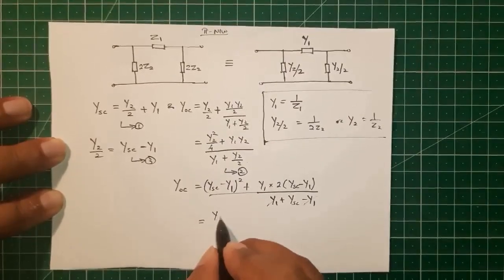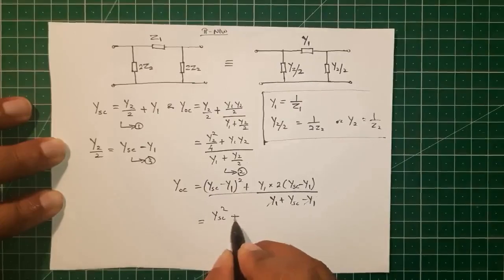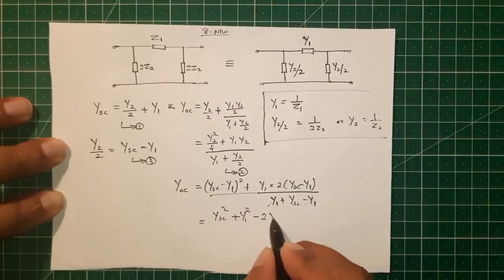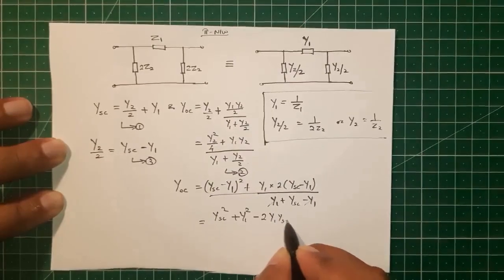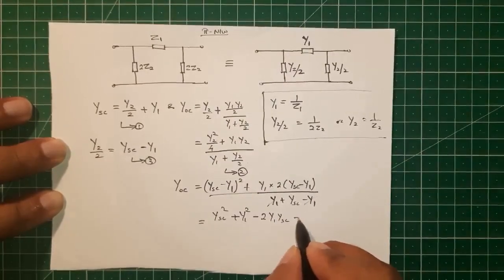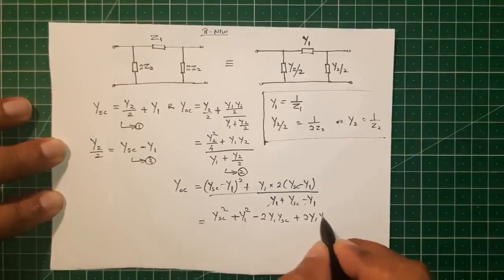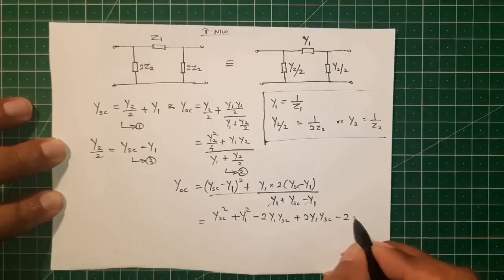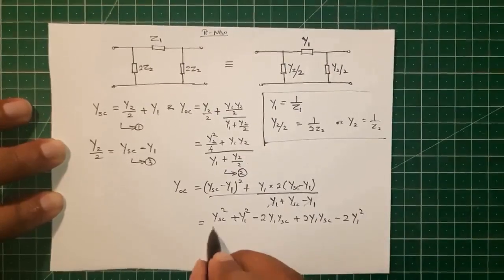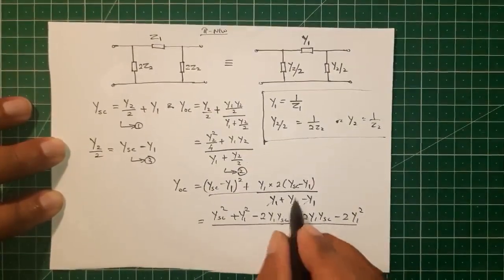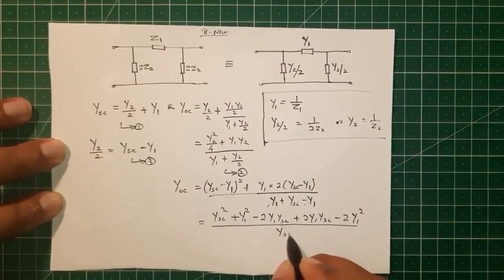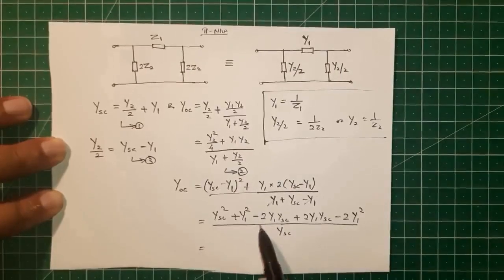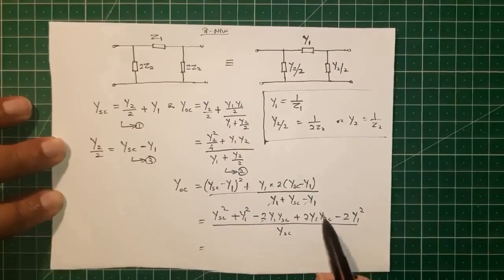So we have YSC square plus Y1 square minus 2 Y1 YSC plus 2 Y1 YSC minus 2 Y1 square, divided by, in the denominator, YSC alone. Here again some terms will be cancelled out.